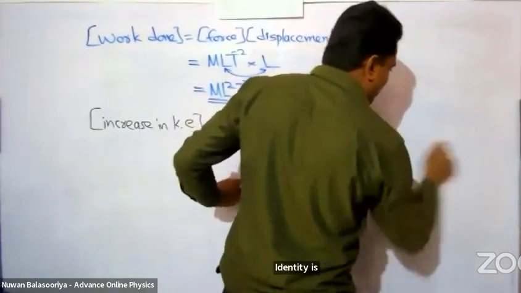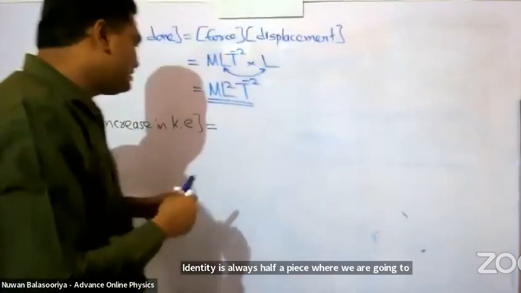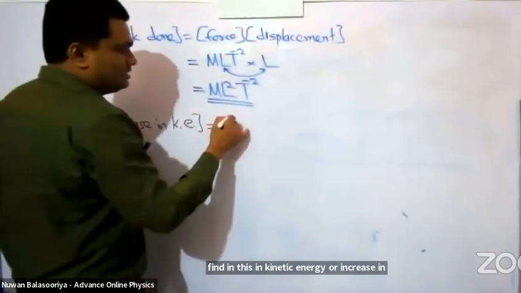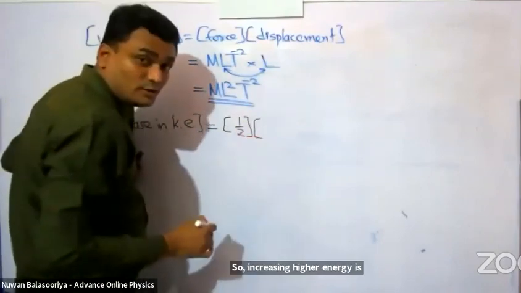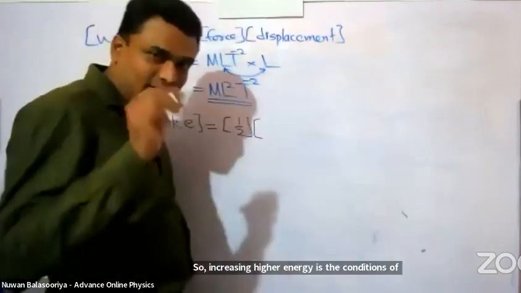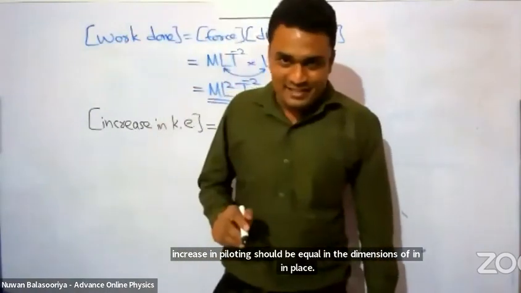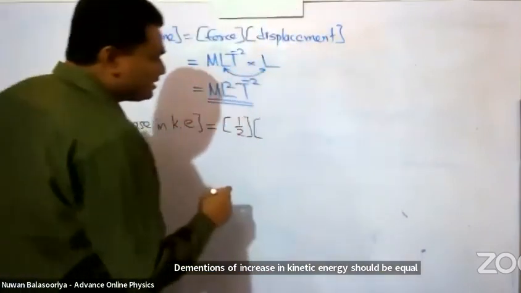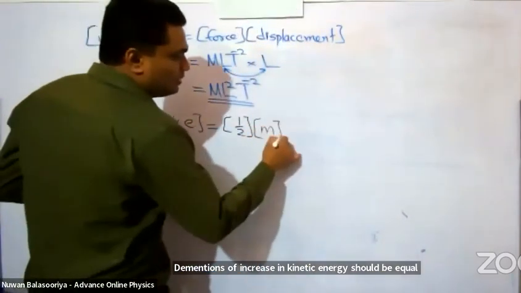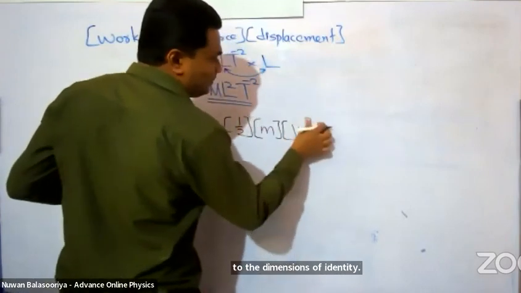Whether we find an increase or a decrease in kinetic energy, it will be the same. So the dimensions of increase in kinetic energy should be equal to the dimensions of kinetic energy, which is half mv square.